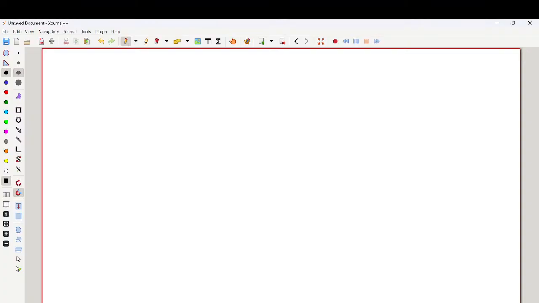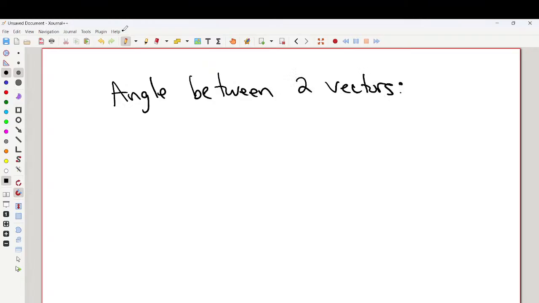I end with this today. The angle between two vectors. I was going to take the long road with it, but I'm going to jump right to the formula.